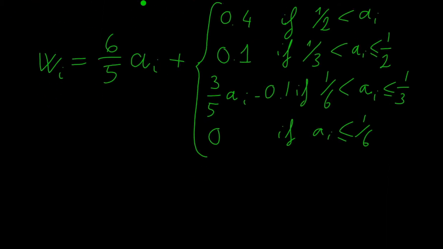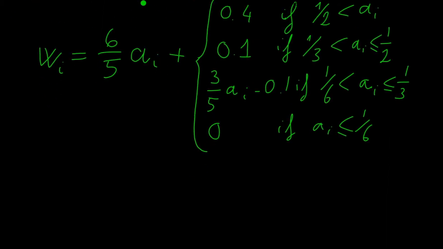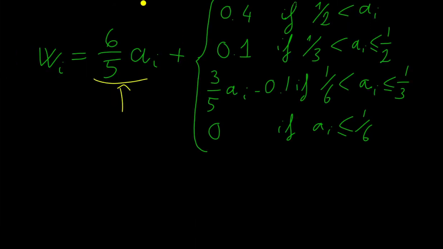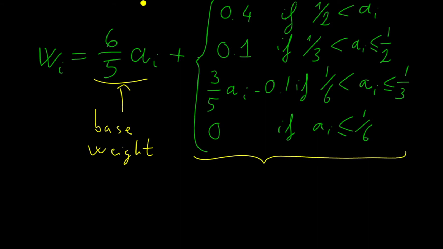So basically I will call this part the base cost, or the base weight, and this part will be the so-called weight penalty of the object.